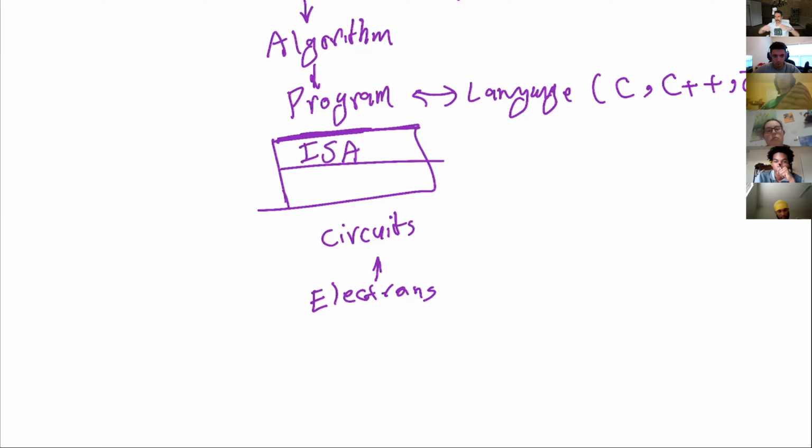And to clarify, contract meaning that, for example, the instructions that you have, the instructions themselves are part of the ISA, right?